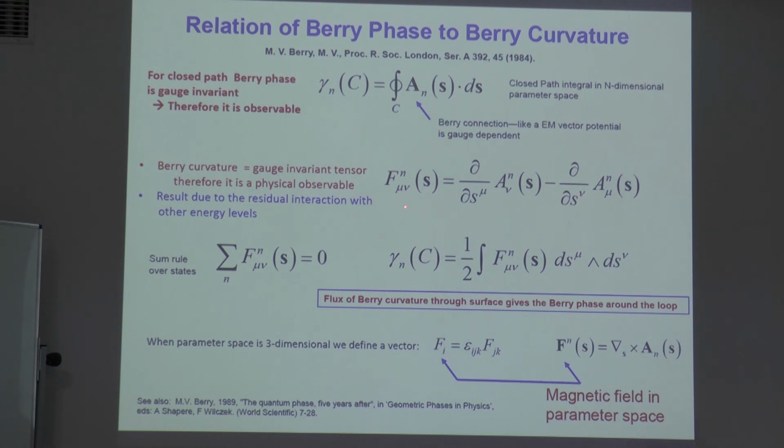It is just like E and M. This is like the analog of a Maxwell tensor. And there's a sum rule: when you sum over all the bands n, it sums to 0. And the flux of this Berry curvature in the two-dimensional parameter space gives you the Berry phase. So that's the relationship between the Berry curvature and the Berry phase.